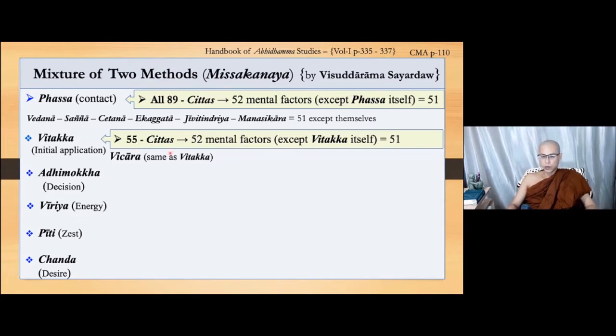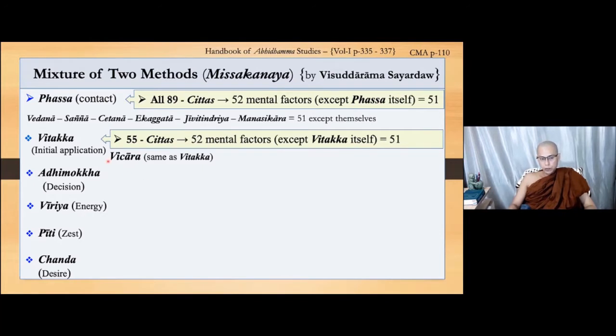That's why there is no exception among the unwholesome. And also for the beautiful mental factors, it consists of wholesome consciousness which can associate with all 25 beautiful. That's why there's no exception in the mental factors but Vitakka itself. So Vitakka has 51 mental factors.